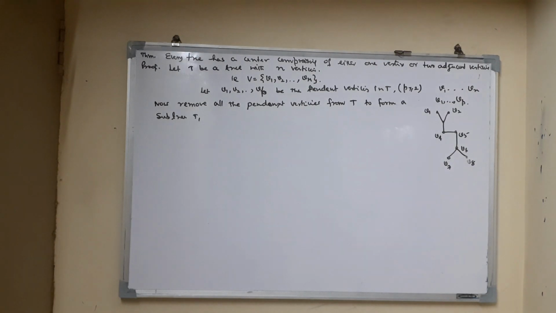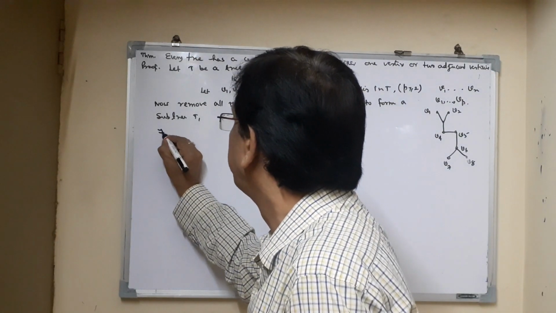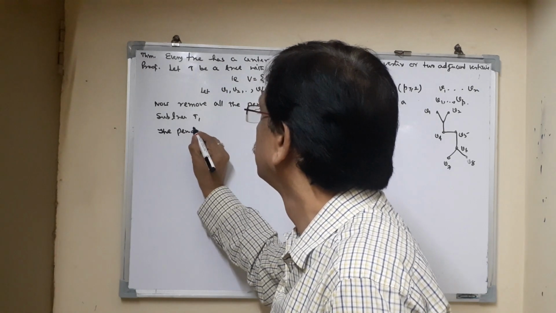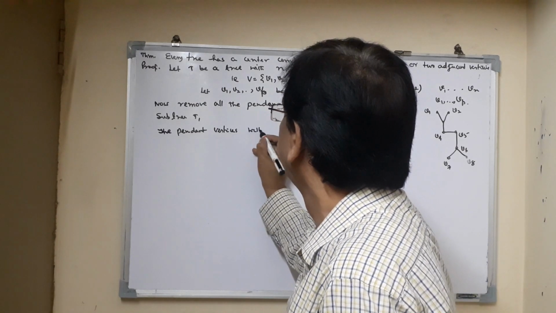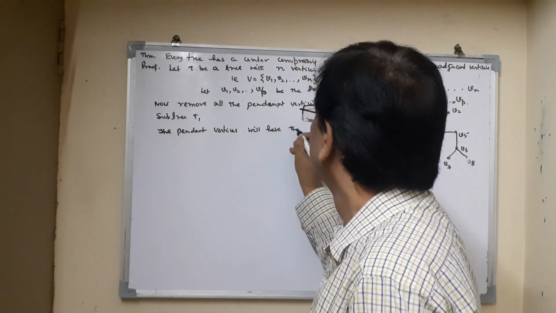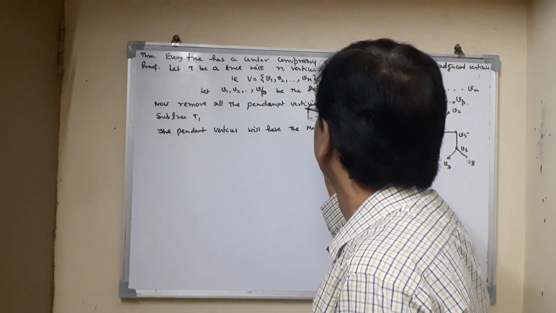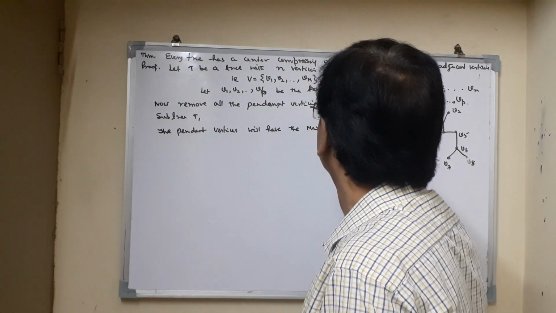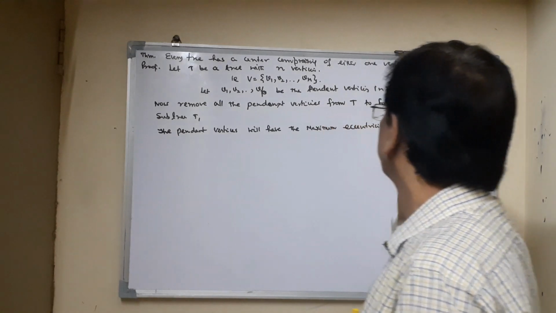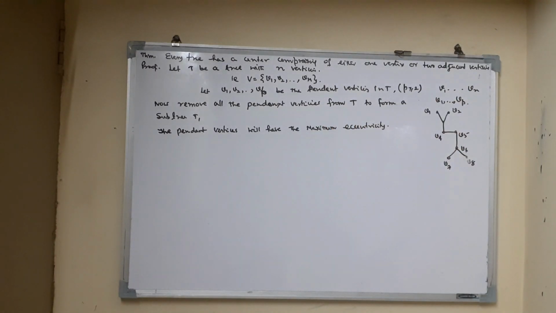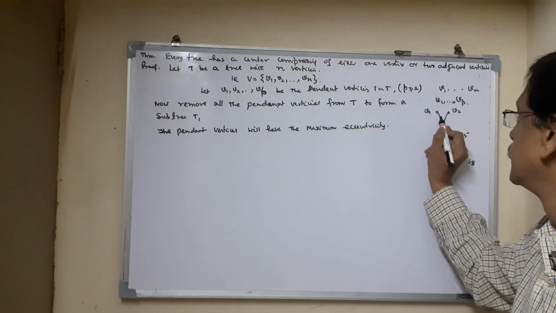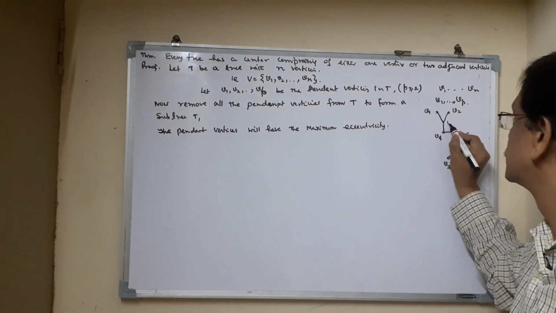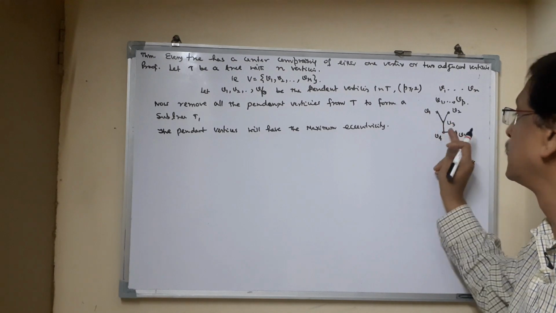Now the pendant vertices will have the maximum eccentricity. Why? This is a pendant vertex. The degree is 1. Look at this. V1 has only 1 edge, but V3 has 2.